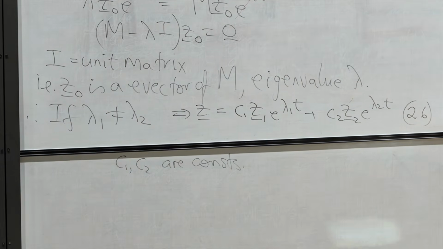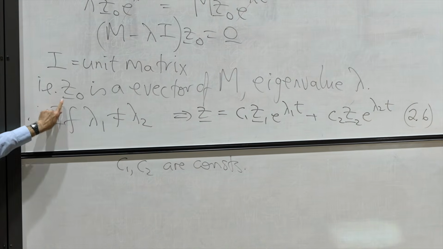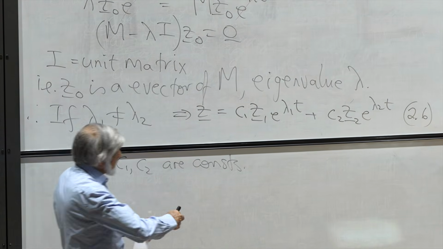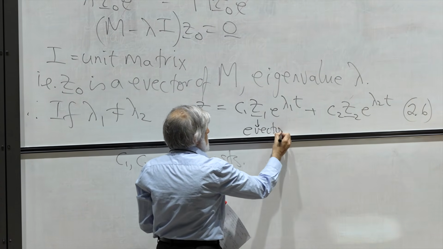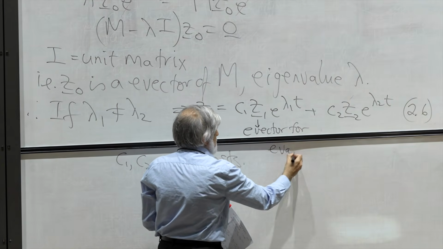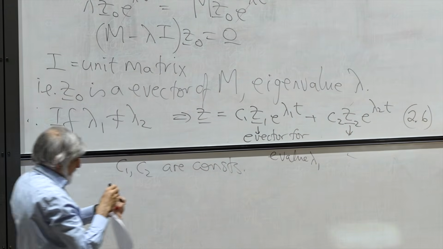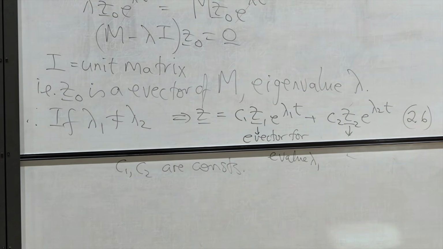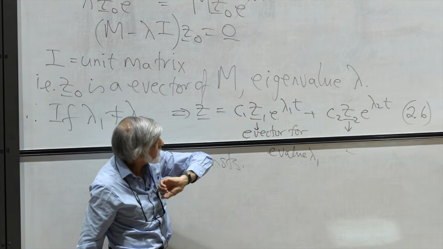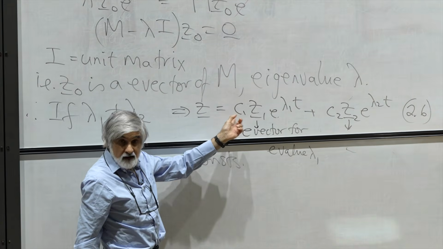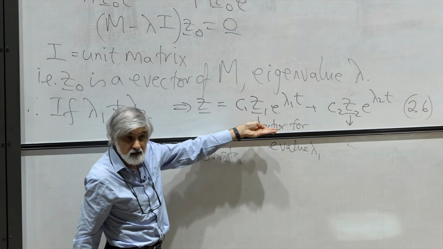So how did we get that? Well, we've got two solutions. We should just say that z1 is the eigenvector for eigenvalue lambda 1, and the same for z2. So since this is a linear system, if we have solution z1 e to the lambda 1 t, then any multiplication by a constant will also be a solution.